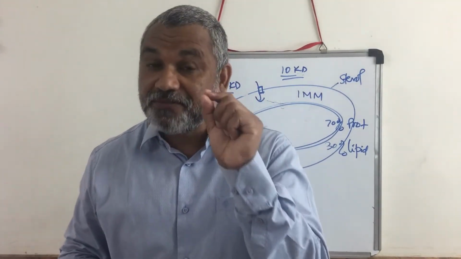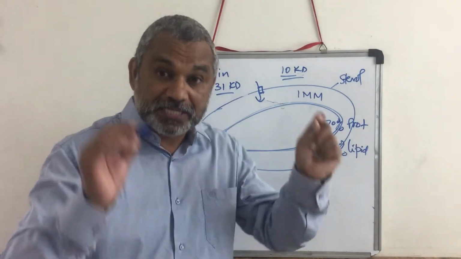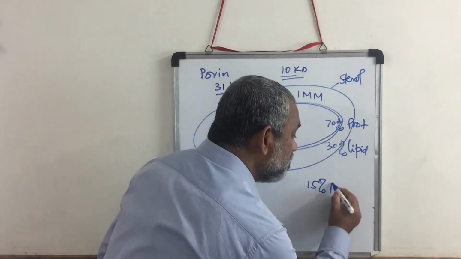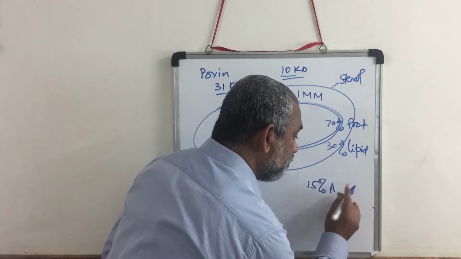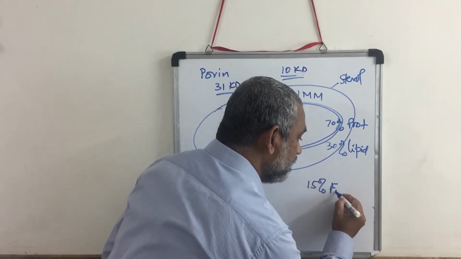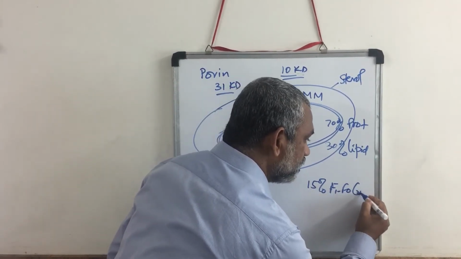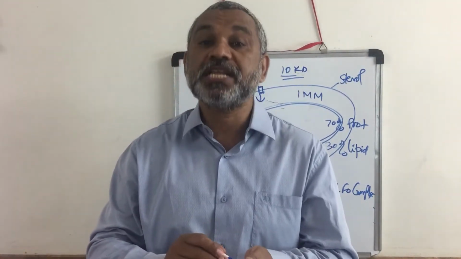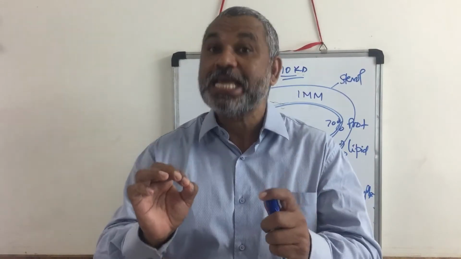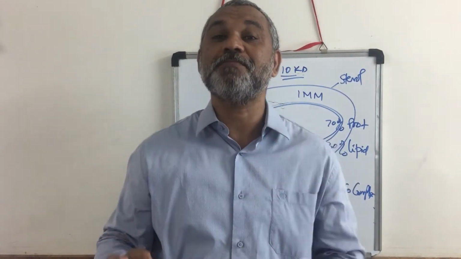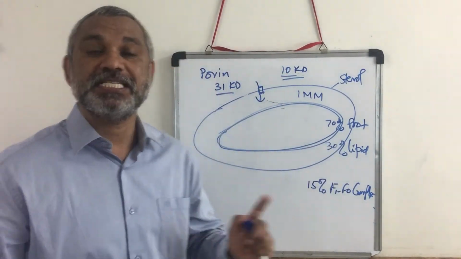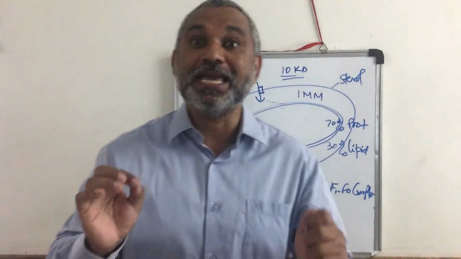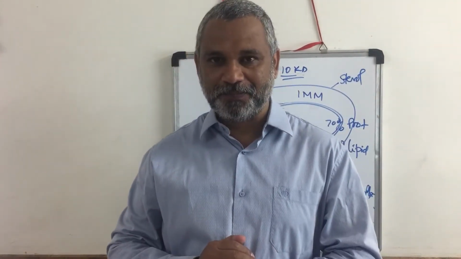Out of the 70% protein, about 15% is nothing but the F1, F0 complex. Which means the machinery needed for electron transport and ATP production makes up 15%. So this is the basic composition of the inner mitochondrial membrane.